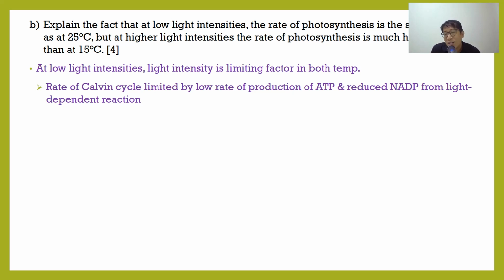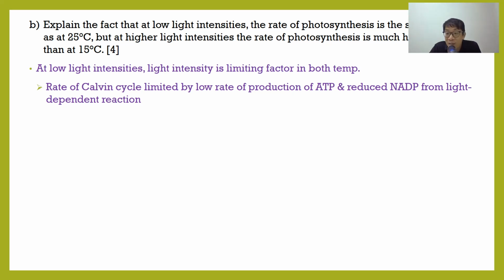So even though, let's say, at 15 degrees Celsius the temperature is lower, the enzymes are working slower when temperature is lower. However, the lack of ATP and reduced NADP is even more significant than the enzymes being slower. So that's why the limiting factor is light intensity and not temperature.